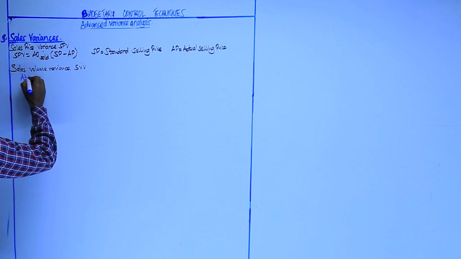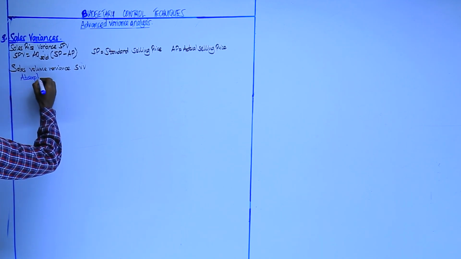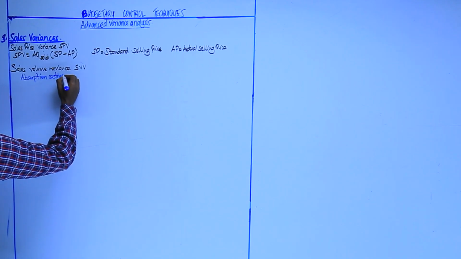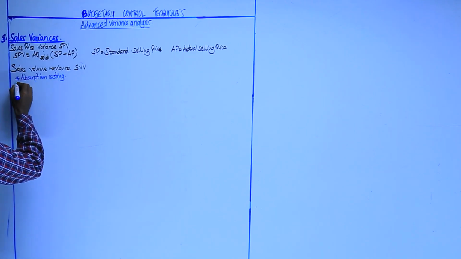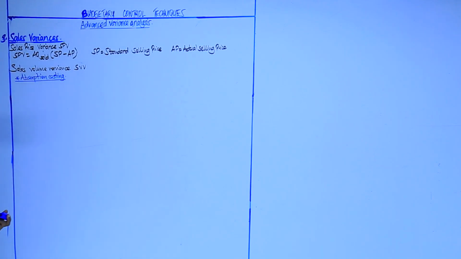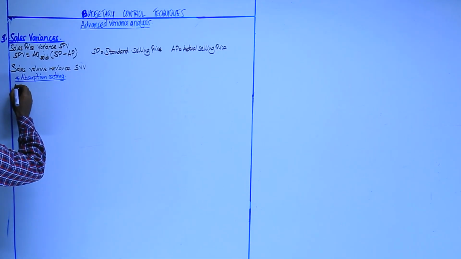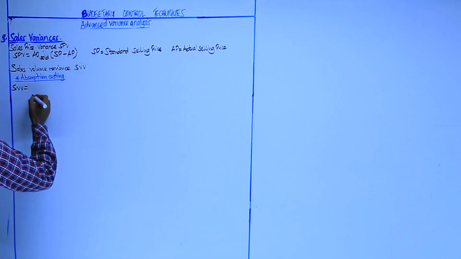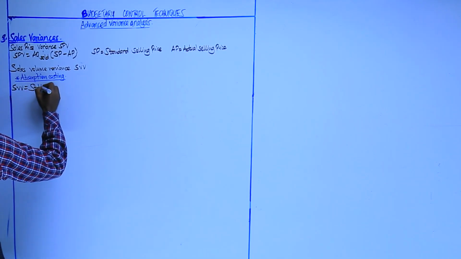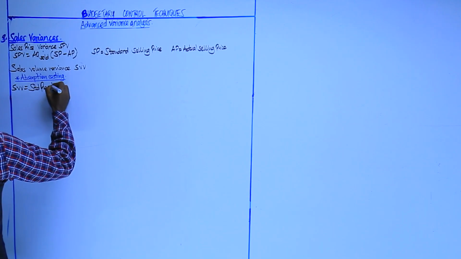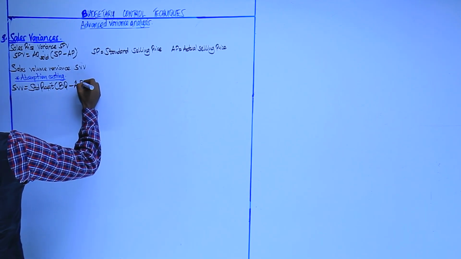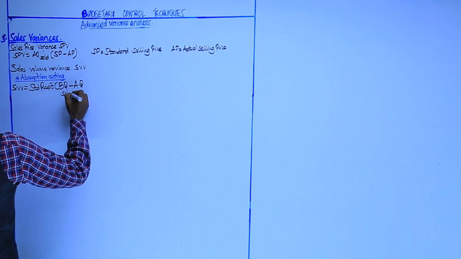We have using absorption costing, and when you're using absorption costing, we use what? Profit. So your sales volume variance will be your standard profit times budgeted quantity minus actual quantity sold.